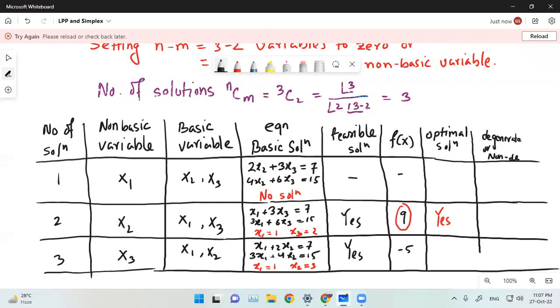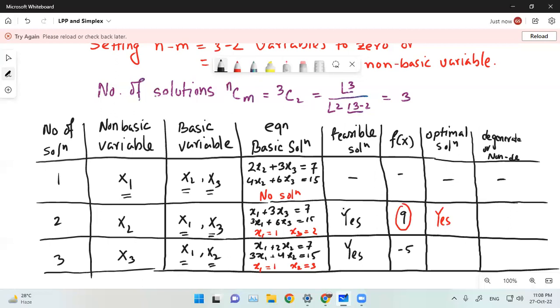Degenerate or non-degenerate is related to the fact that our non-basic variable is already 0. So out of the other two, that is the basic variables x2 and x3, we check whether any one of these is 0 or not. If these are non-zero, then it is non-degenerate. Since the first one doesn't have a solution, we are not going to go for any of those.